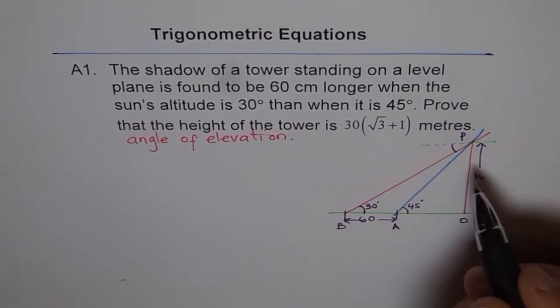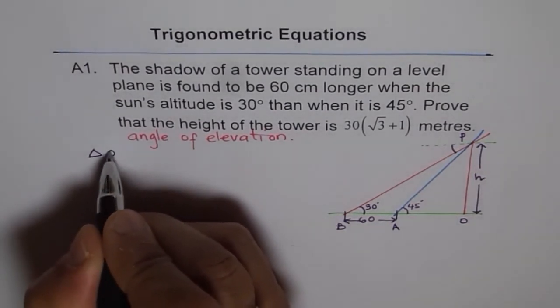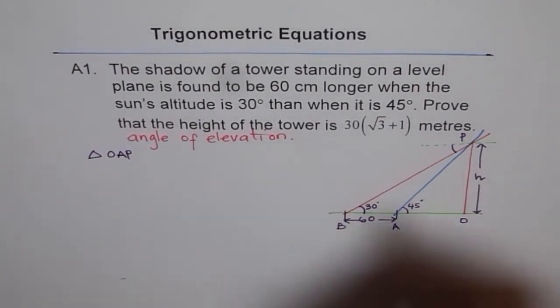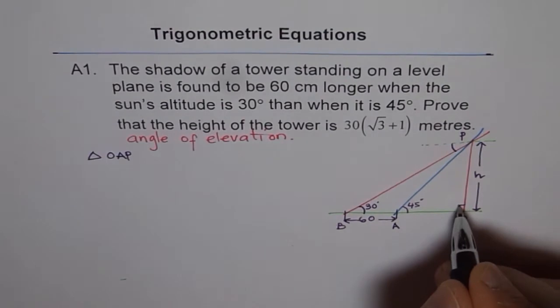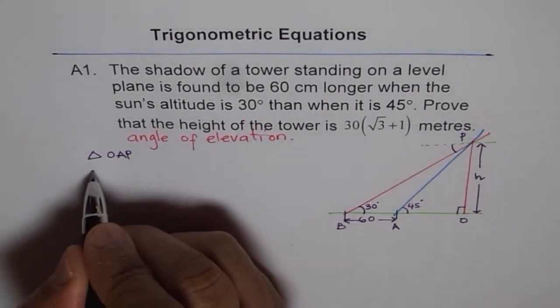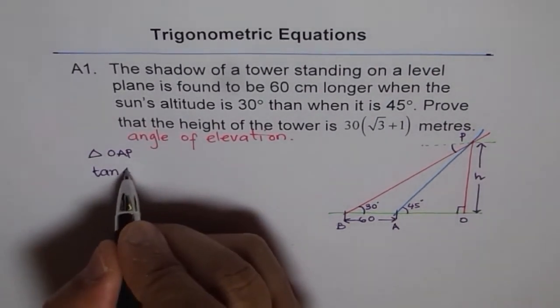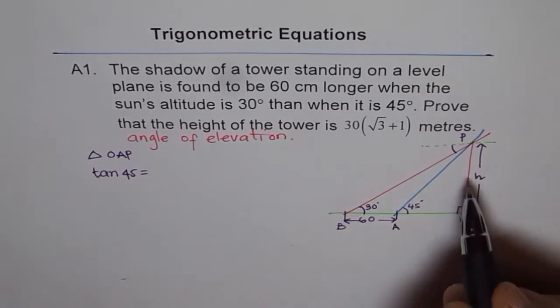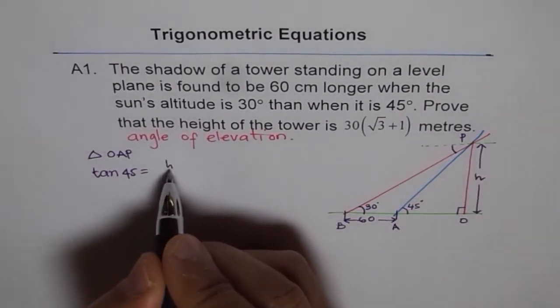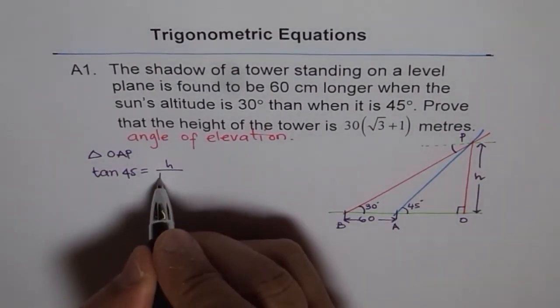Now in the triangle OAP, we have this angle is 45, that is 90 degrees, right? So tan of 45 is equal to the height h over AO, the base AO.